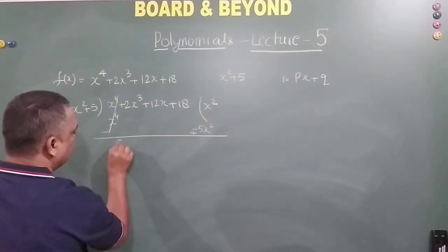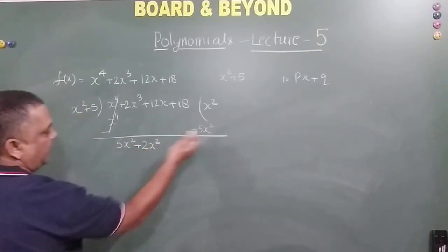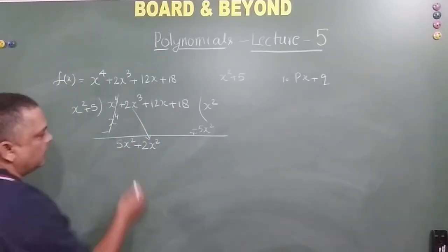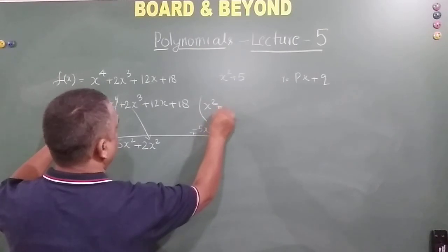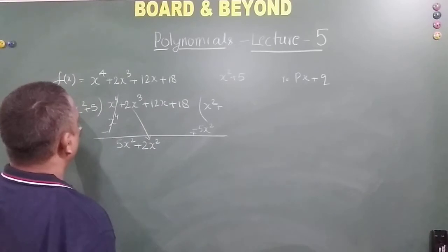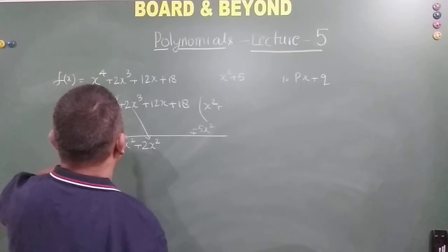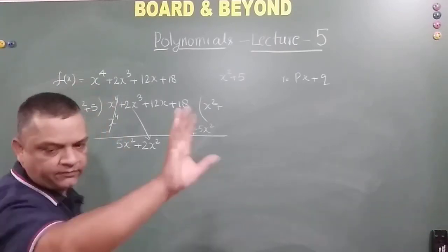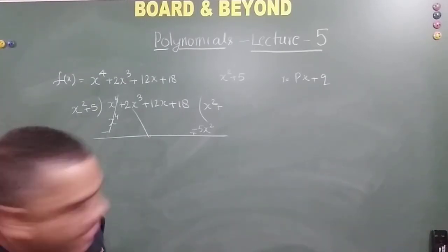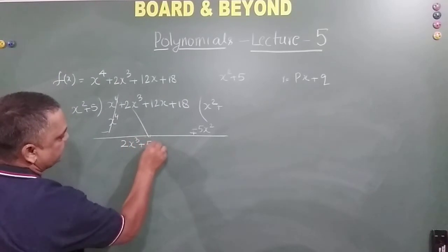Now I will bring it here. I have brought it here and I have taken it down. Right friends? Now again I should, sorry friends, hold on, please. 2x cube plus 5x square.